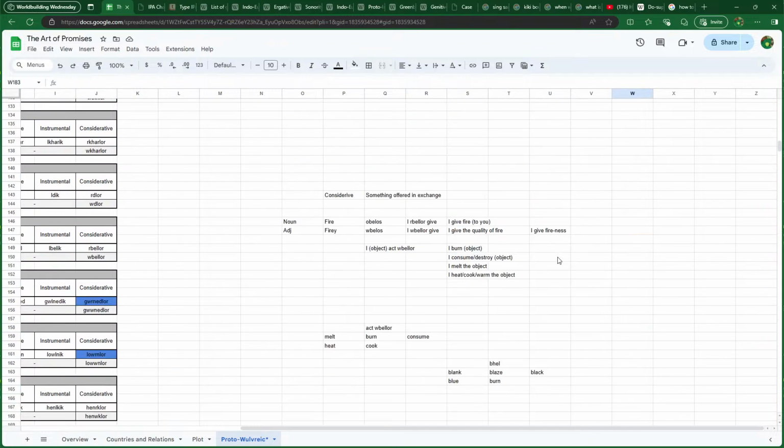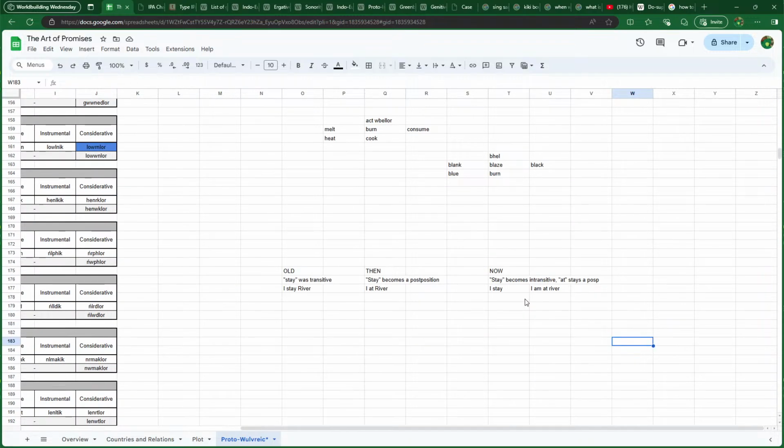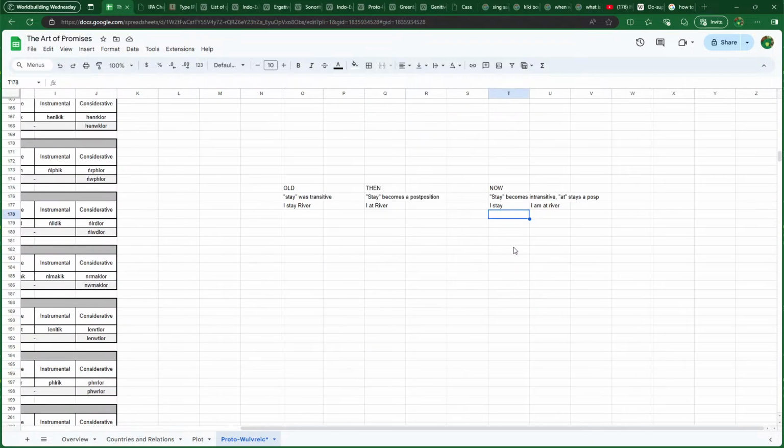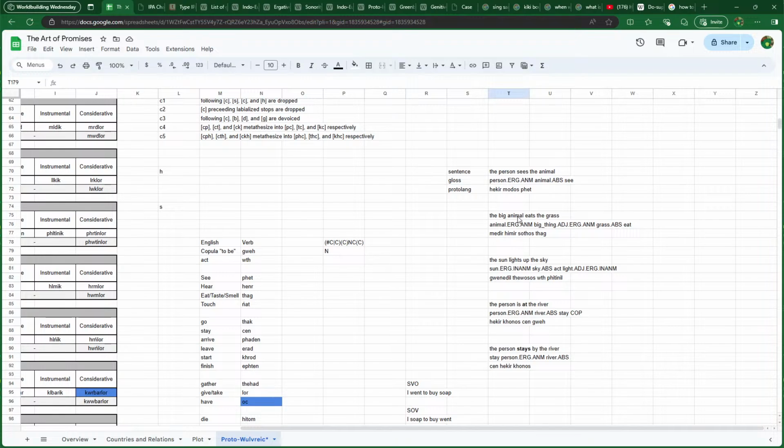So, the passive construction, right? If you were to say I am staying, or no, passive only works from transitive.